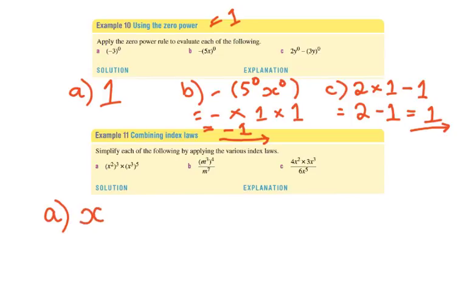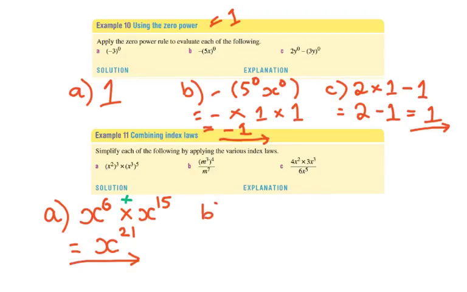So it's going to be x to the power of 6 times x to the power of 15. This then leaves us with using index law number 1, where remember, we're adding our indices together because they are the same base number, being x. So 6 plus 15 gets me 21. So it's x to the power of 21.